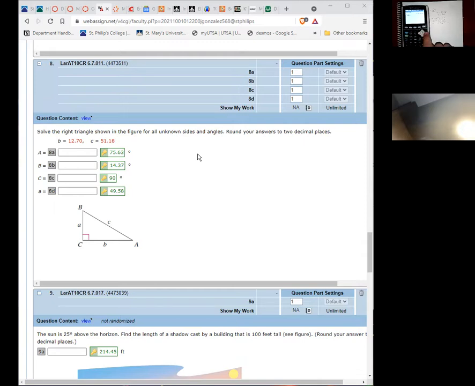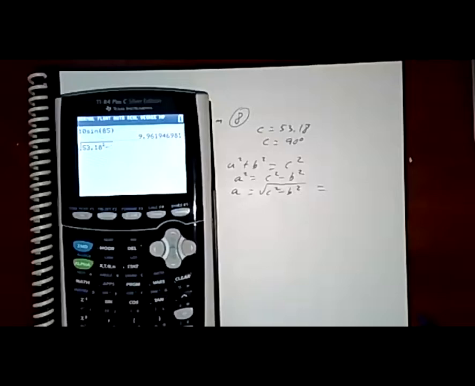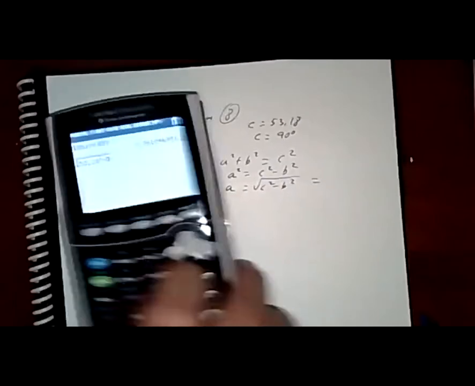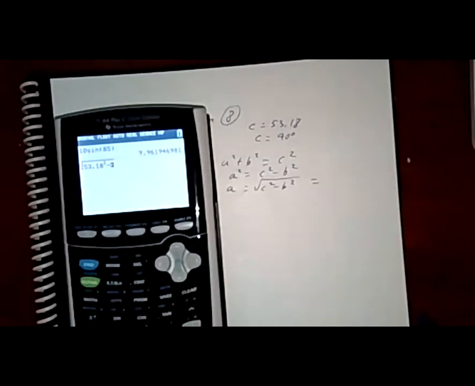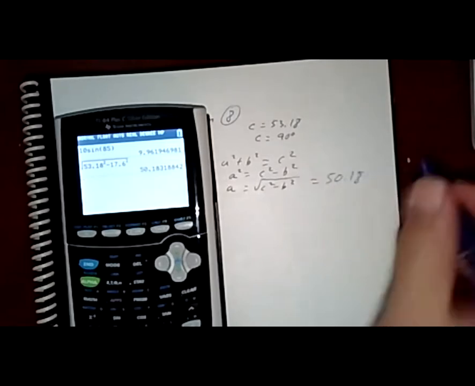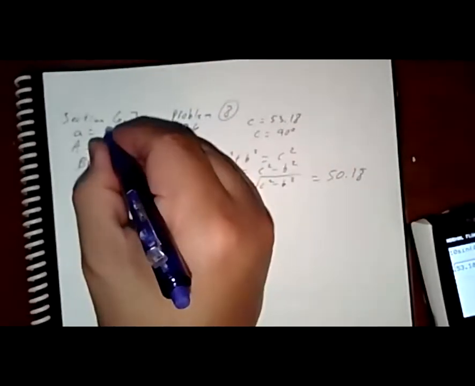All right, I'm just going to double check because I'm paranoid. 17.6 is the other one. So yeah, 50.18, right? That's what you said. Yep. So we got all the sides.